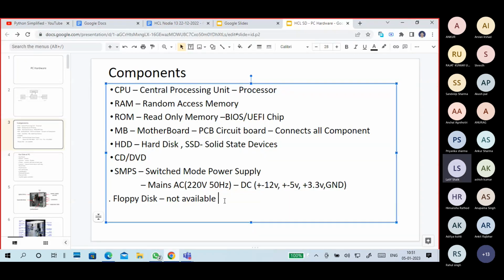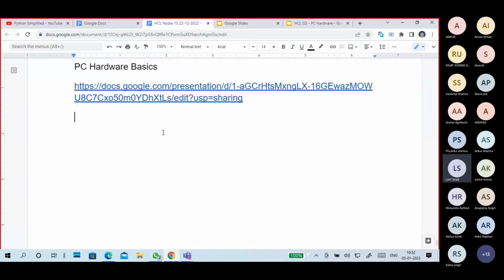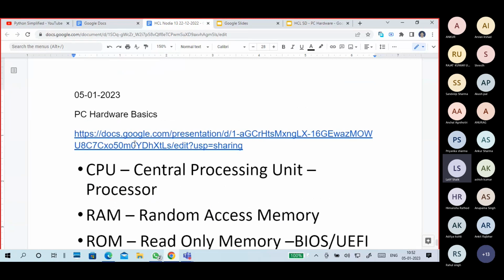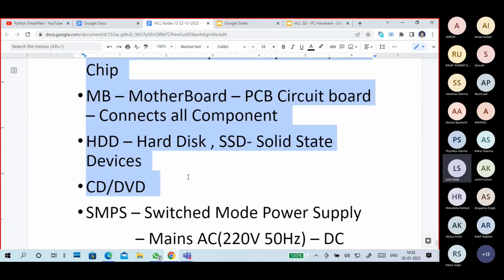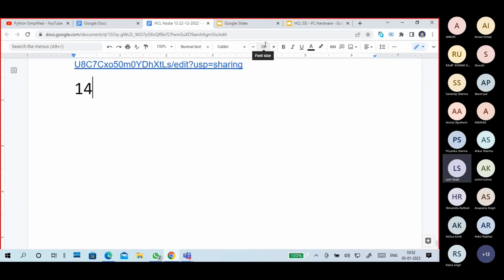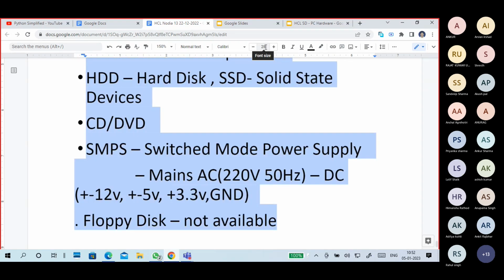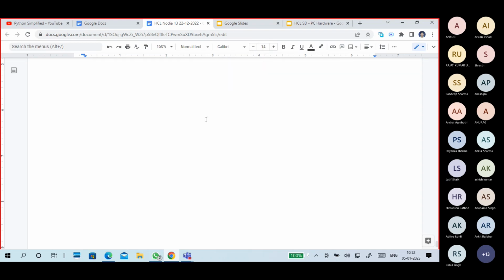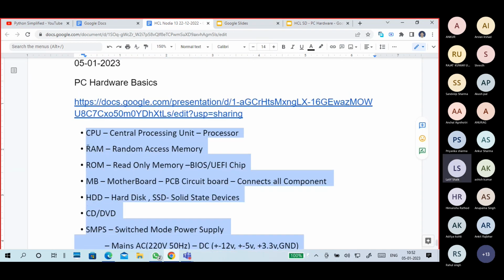So these are the different components we use in our basic hardware components, meaning internal components. So what we are saying is internal components.